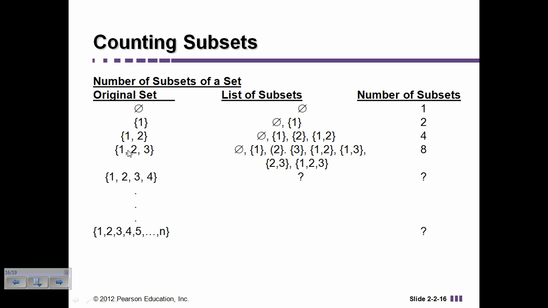So for this set, it should be 2 raised to the 4th power, which is 16. So the number of subsets in the fourth example would be 16.